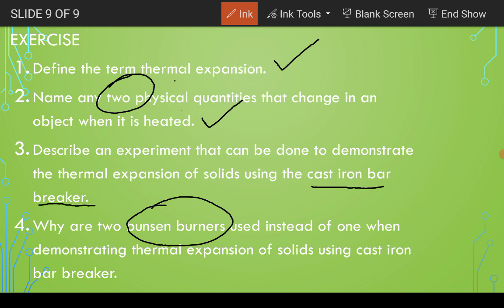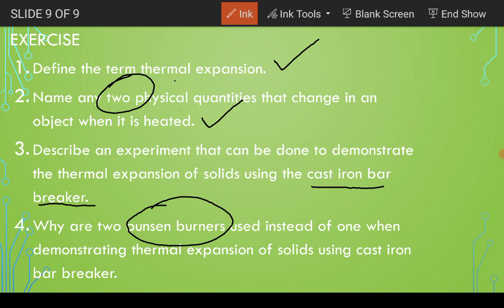All right, having reached this point, this marks the end of lesson 1. I look forward to meeting you again in lesson number 2 of the topic thermal expansion. So in lesson 2, we are going to look at the thermal expansion of liquids.